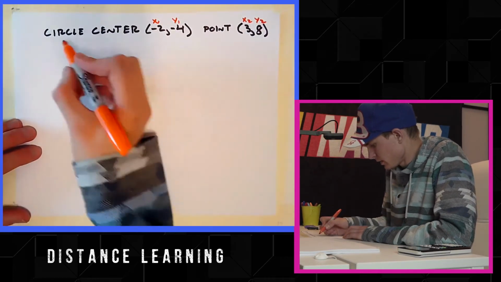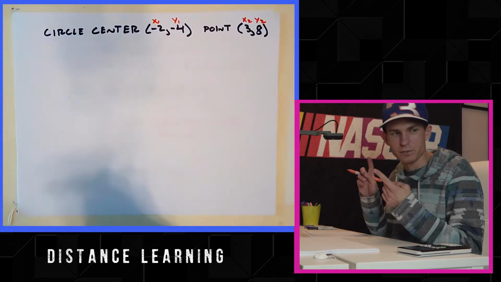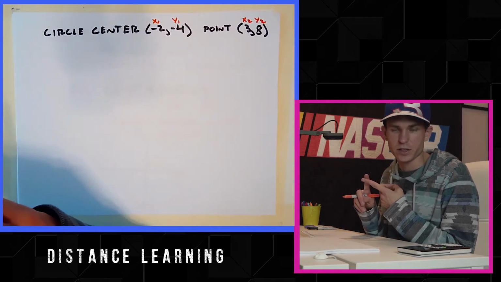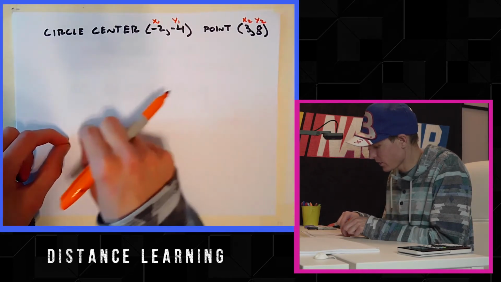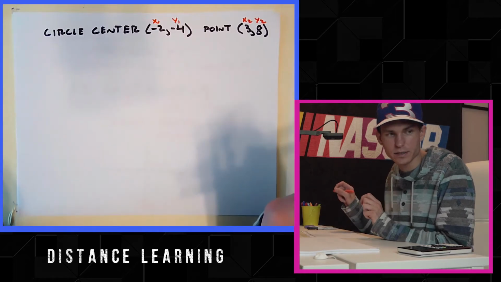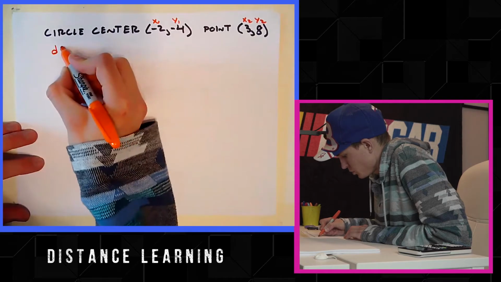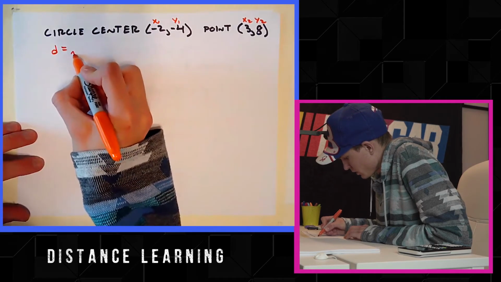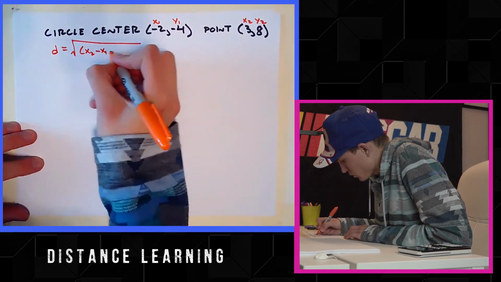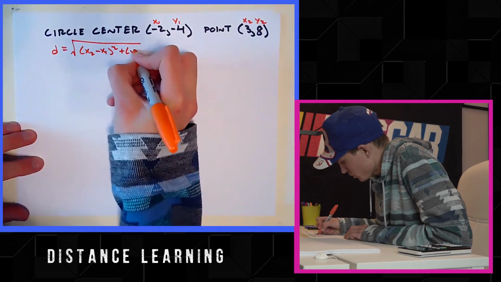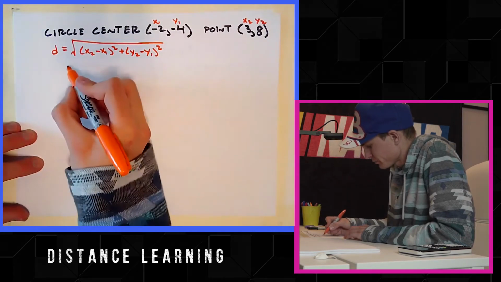So, step 1, what do we need for a circle? We need the center. Cool, they gave us that. We need the radius. How do you find the radius? Well, if I have the center and another point, if I found the distance, that would be the radius, right? So, I need to find the distance between these 2 points. So, square root of (x2 minus x1) squared plus (y2 minus y1) squared.